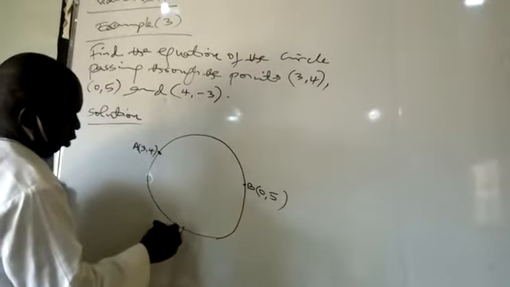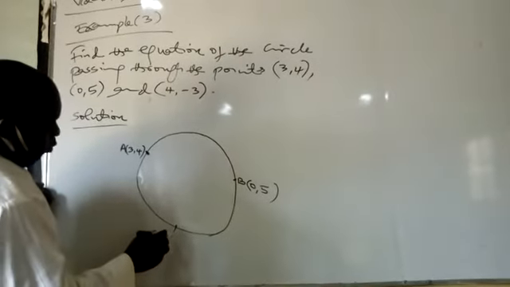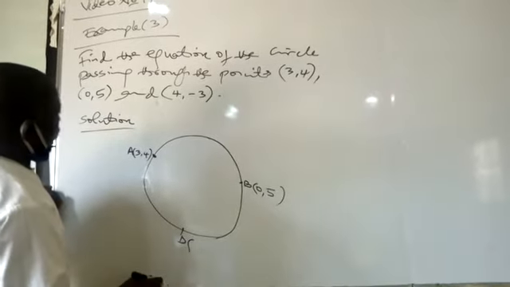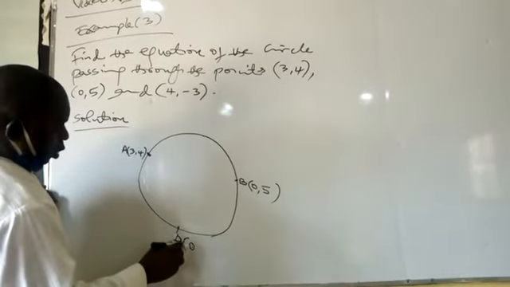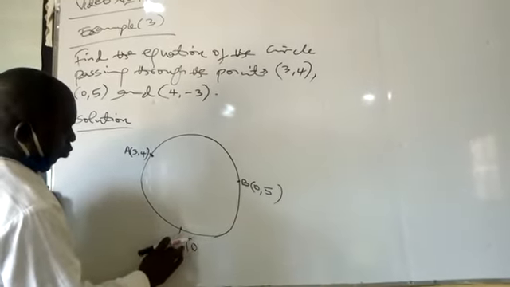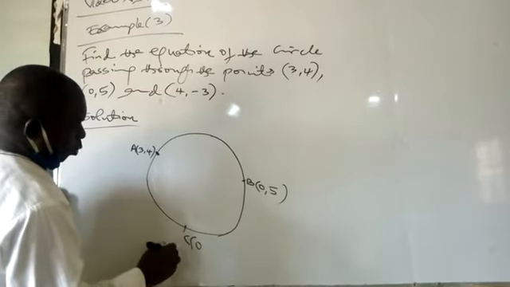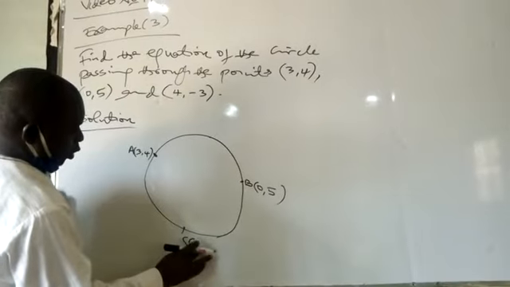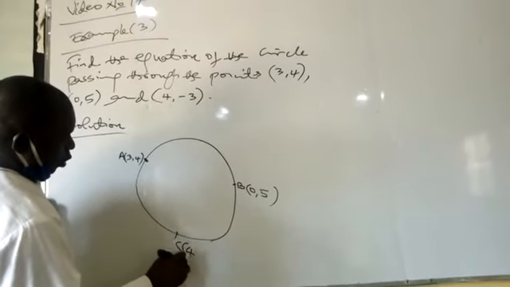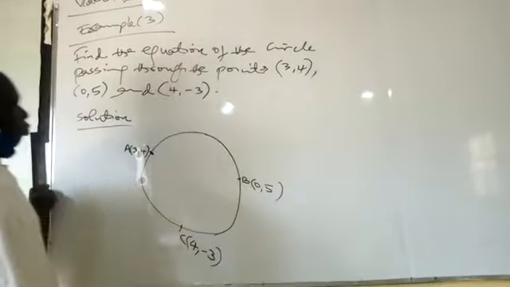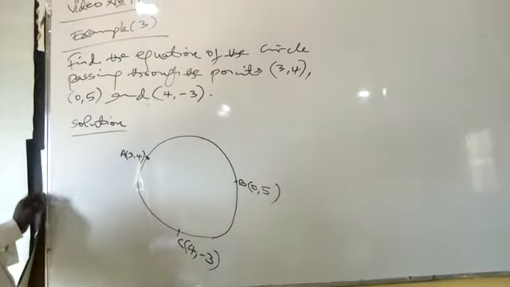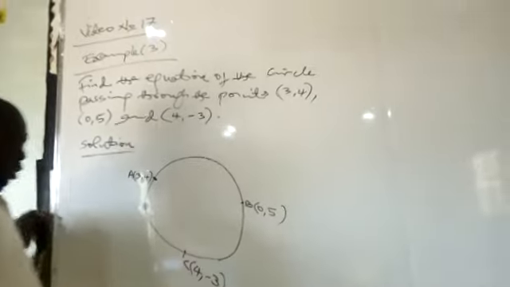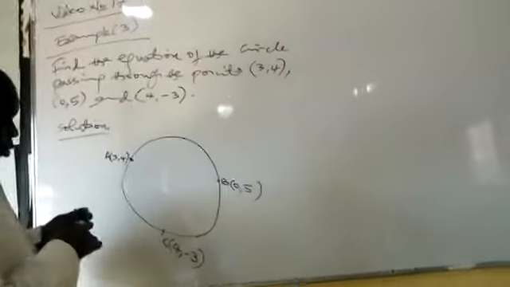Then the third point, let me call it point C so that you will not be confused, with coordinates (4, -3). So this is the first step. I have drawn the circle. I have indicated the 3 given points with their coordinates.